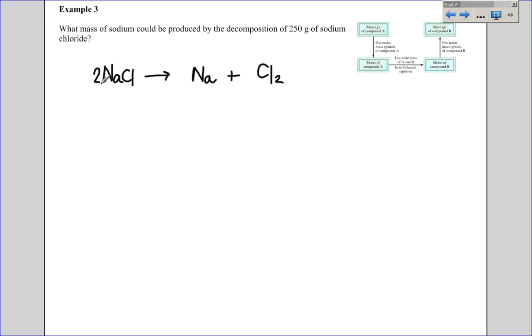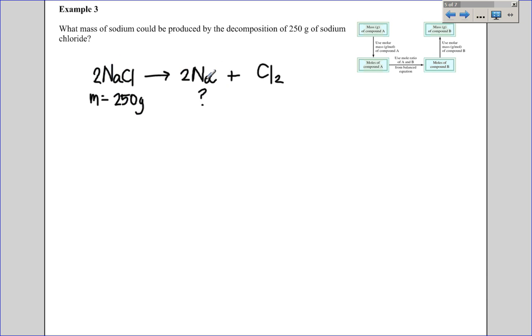So when we balance this, we've got a 2 in front of the Na and a 2 in front of the NaCl. In this case, we're starting with 250 grams of sodium chloride, and we want to know how much sodium can be produced.